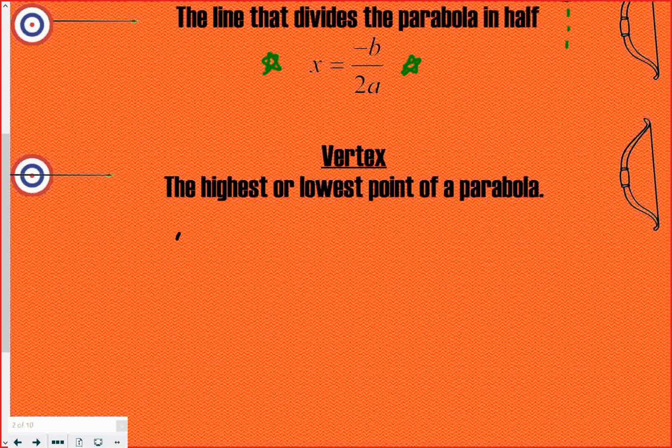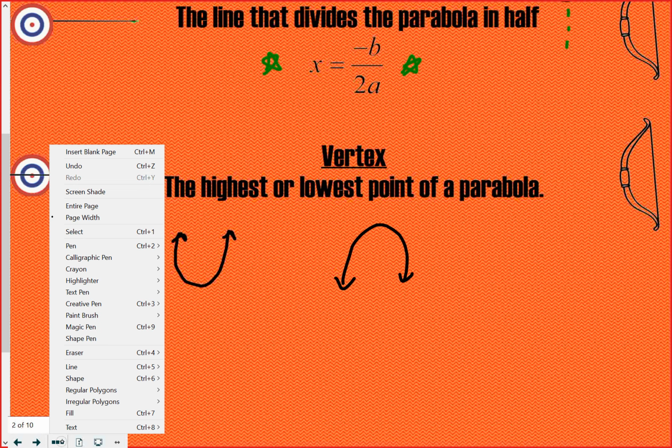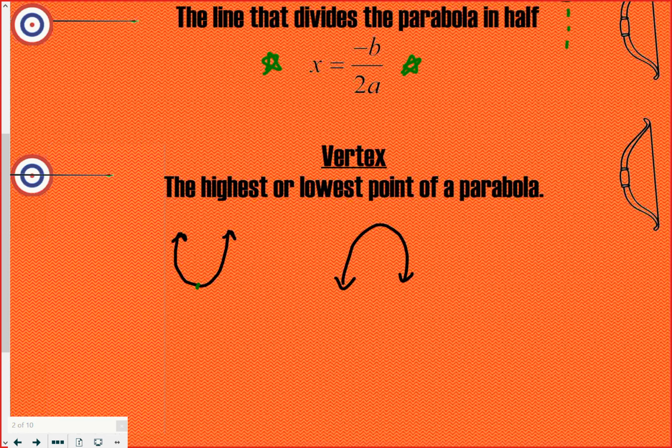So let's say we have a graph that looks like this. Once again, I have a graph that's opening up, and I'll have another graph looking like this. If I see that it's opening up, this point right here is going to be my lowest point of the parabola, and this is also known as my vertex.